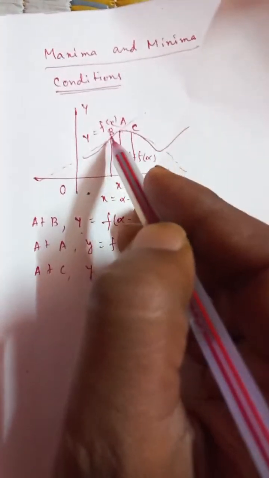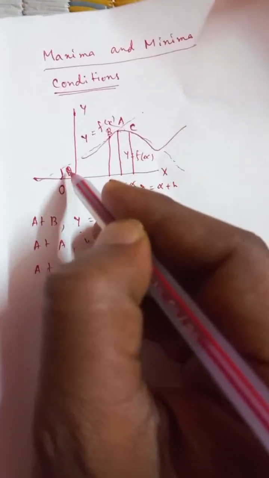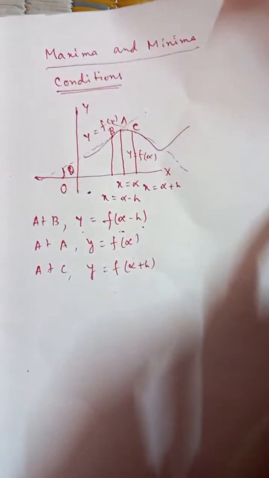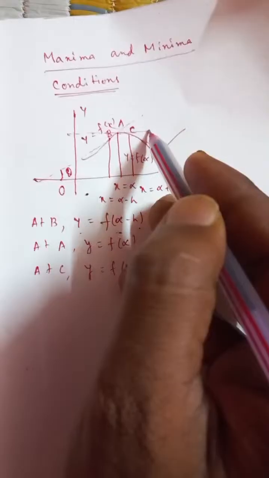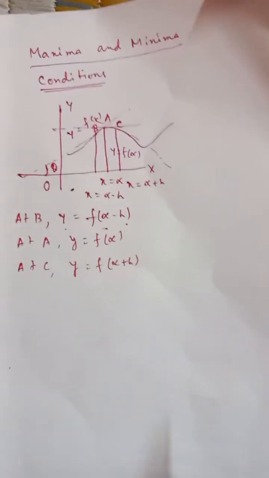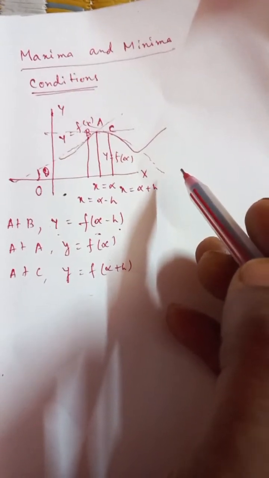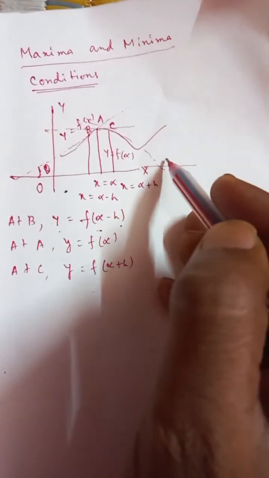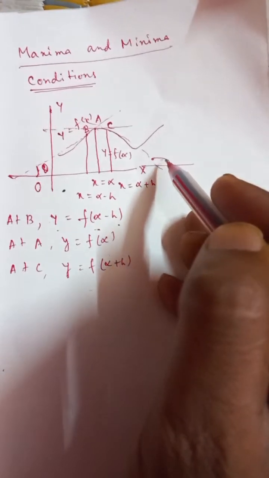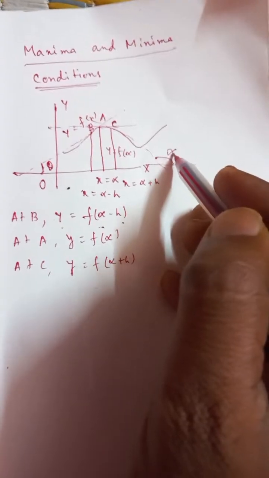So the slope at the point A, if we take theta, and the slope at the point C, we are taking alpha.